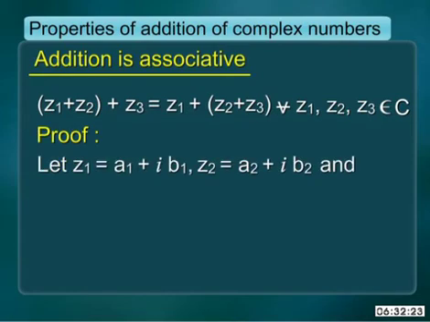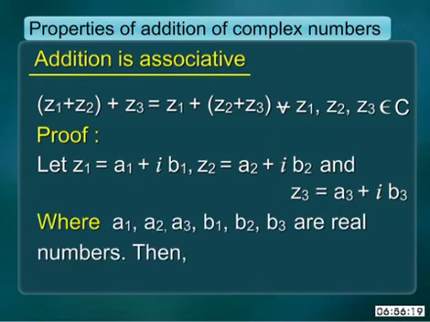Let us prove this property. Let Z1 equal to A1 plus iota B1, Z2 equal to A2 plus iota B2 and Z3 equal to A3 plus iota B3, where A1, A2, A3 and B1, B2, B3 are real numbers.